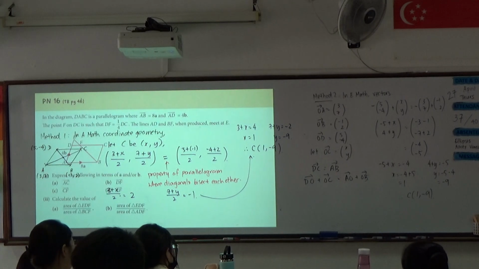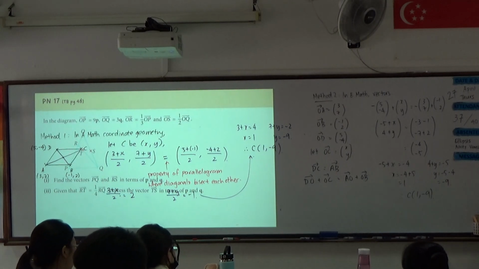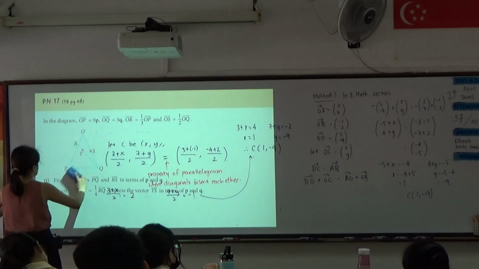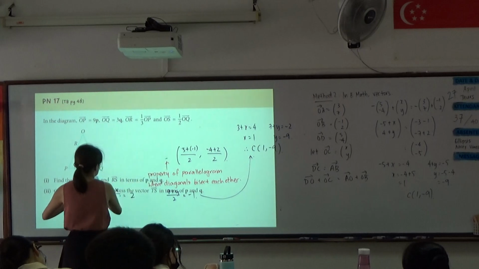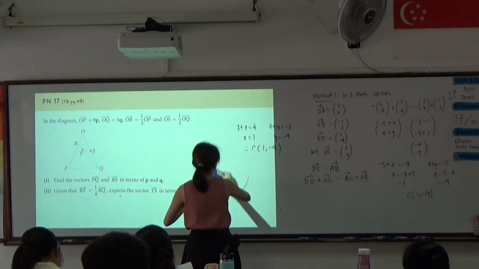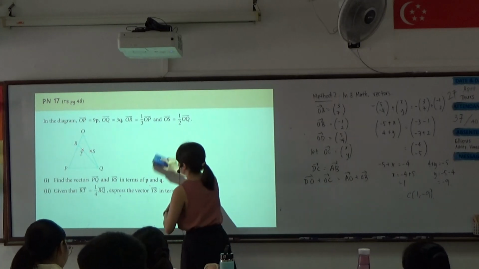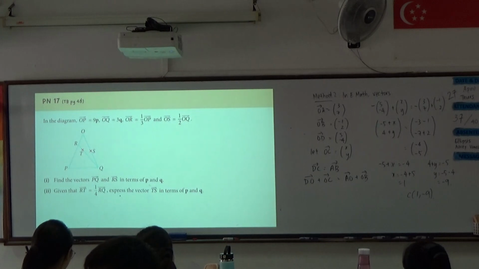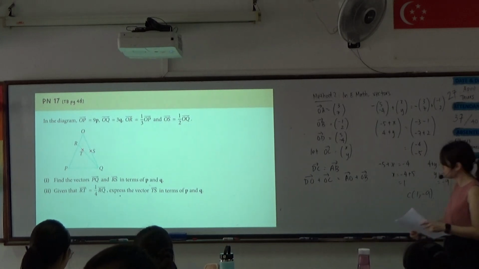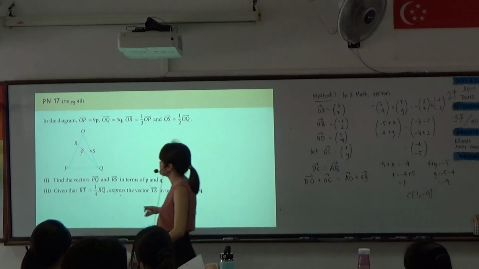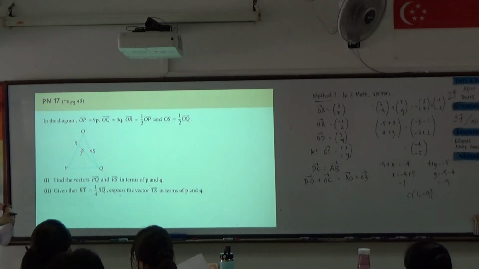Right. So let's move on to Practice Now 17. In Practice Now 17, you're given that OP equals 9p as a vector.